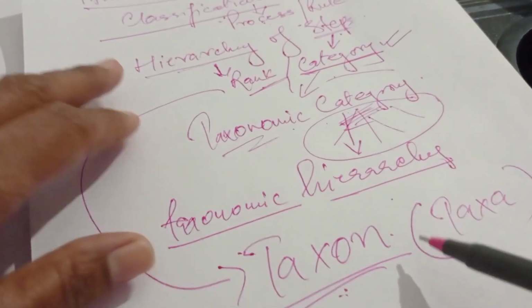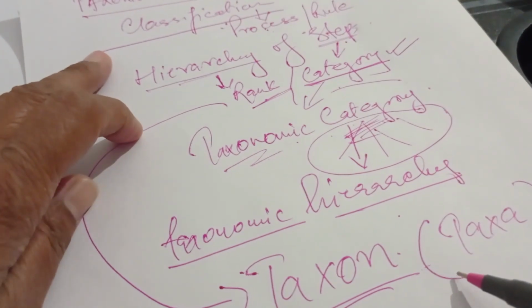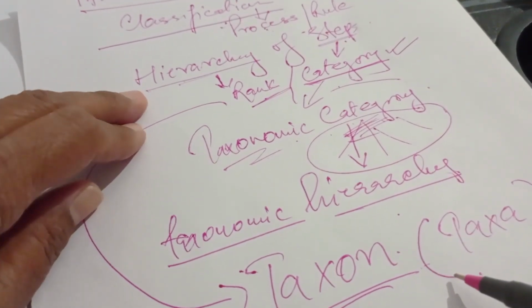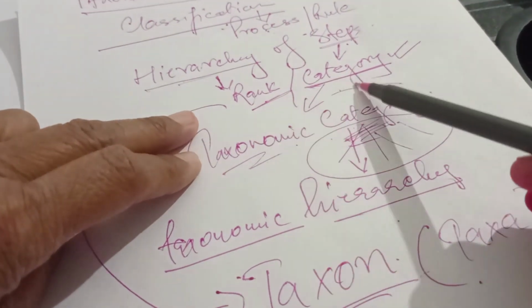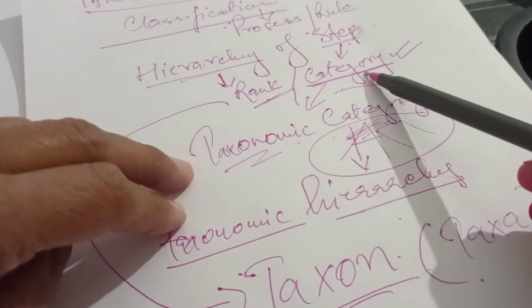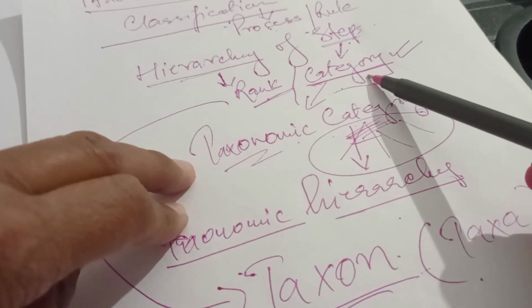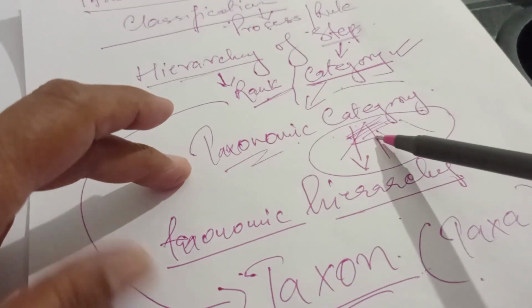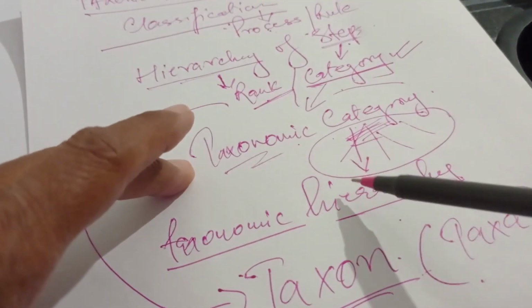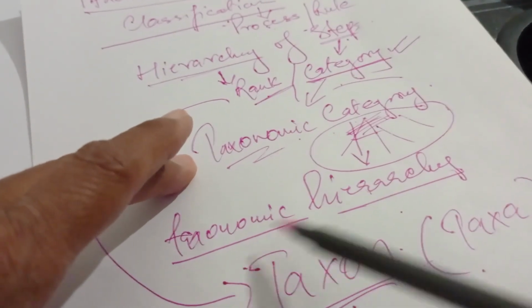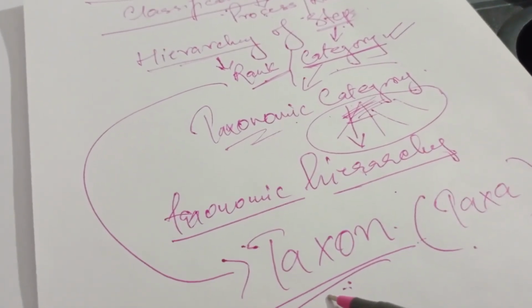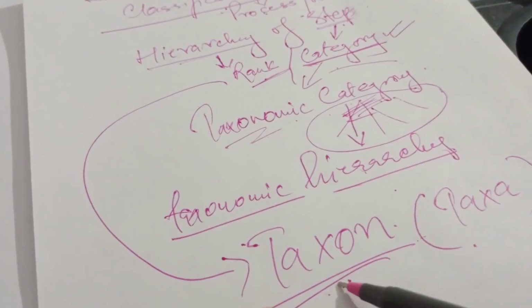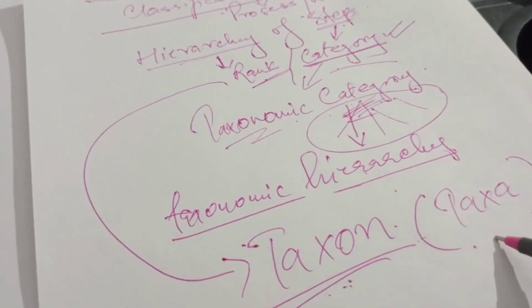That means the process of classification involves a hierarchy of steps in which each step is known as a rank or category. As they are used in taxonomic arrangement, they are called taxonomic categories. And this arrangement is known as the taxonomic hierarchy, in which each category is known as a taxon. Singular taxon, plural taxa.